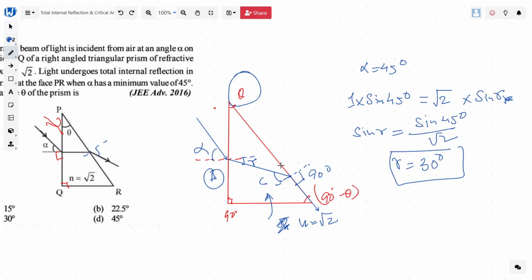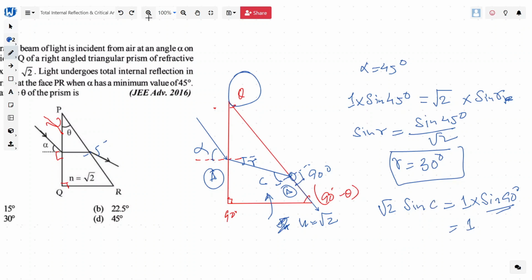Now we know this, so let's apply Snell's law here, at B. At B, we are going to write root 2 sine C equal to 1 into sine 90, which is equal to 1. Now we need to somehow find a relationship between C and theta.